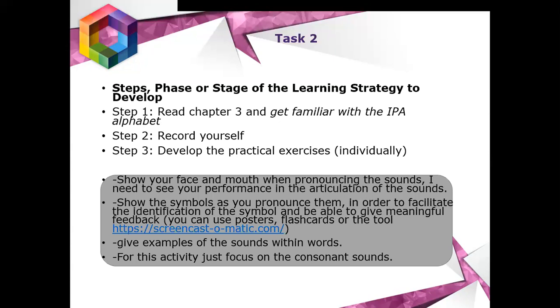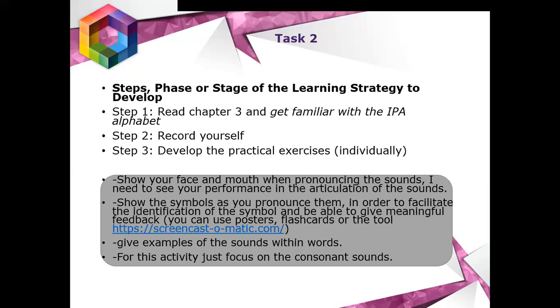And task 2, that is the one that already ended yesterday. You had to read chapter 3 and get familiar with the IPA alphabet. I shared with you the IPA alphabet, and even some videos where you can get familiar with it and with the sounds.